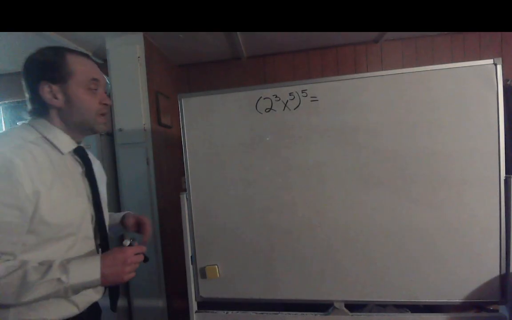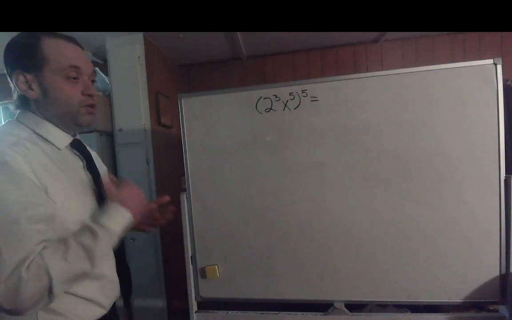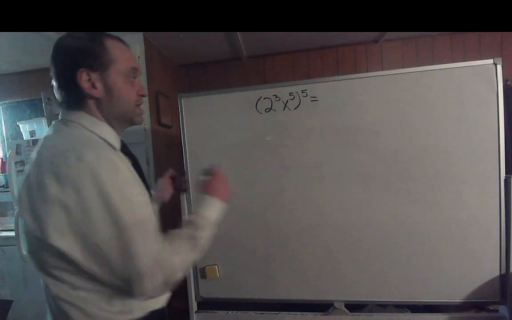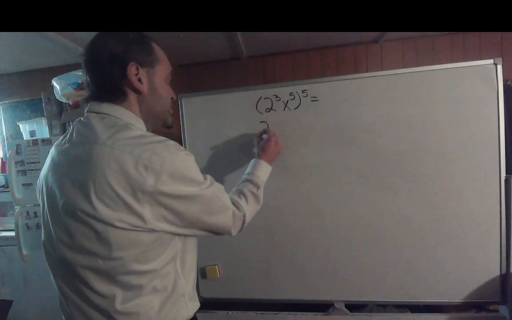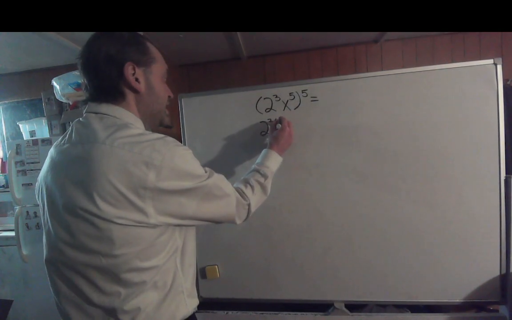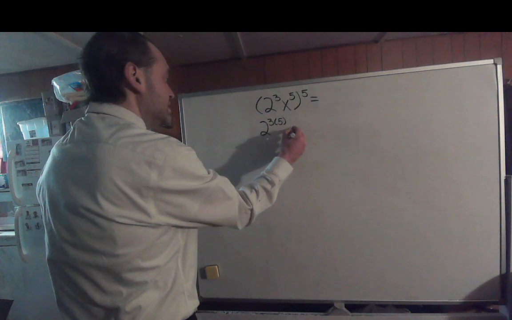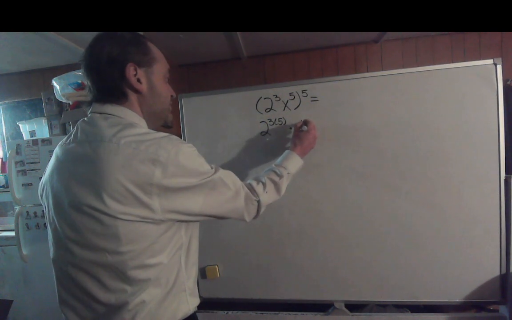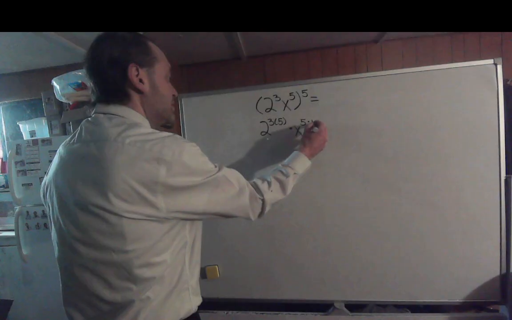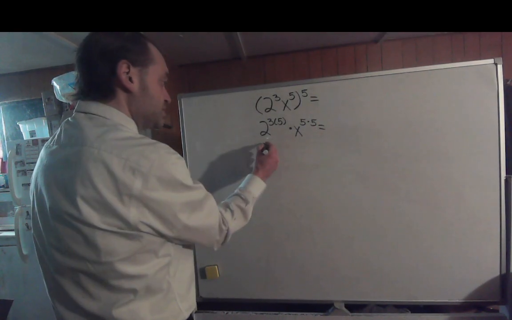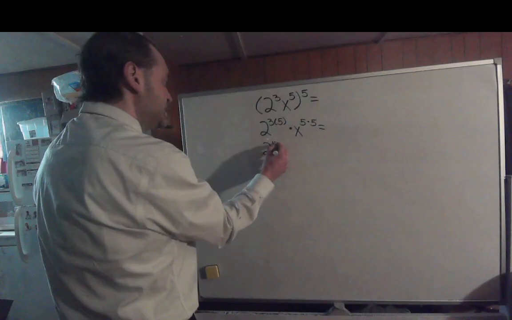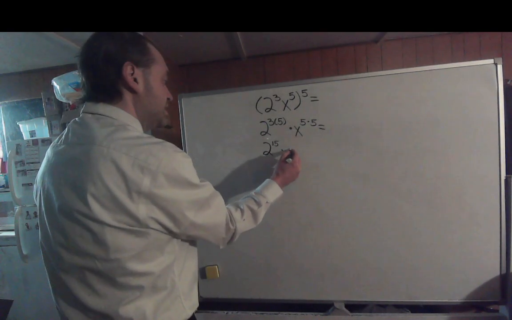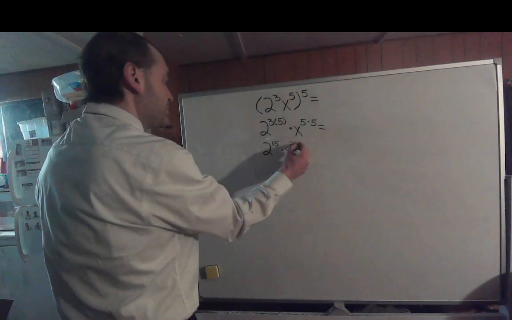So you have a product rule for this. So this would be the same as 2 to the 3 times 5 times my x to the 5 times 5. So this is going to give me 2 to the 15th times x to the 25th.